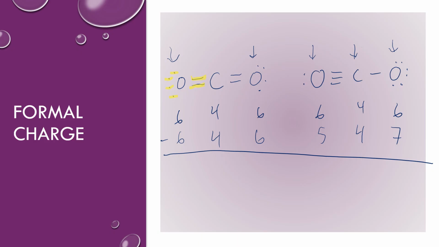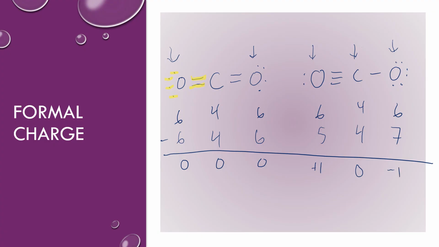The normal valence electrons minus the electrons assigned to it gives us 0 for the first oxygen, 0 for the first carbon, 0 for the second oxygen there. The next oxygen down would be plus 1, because 6 minus 5 is plus 1. 0 for the carbon, and then 6 minus 7 is negative 1.